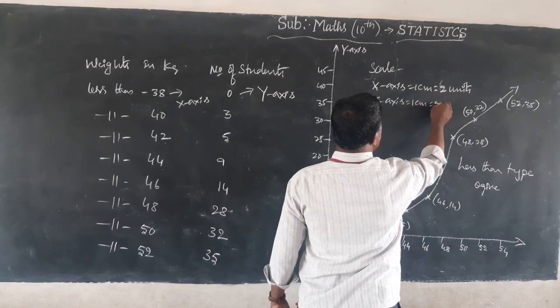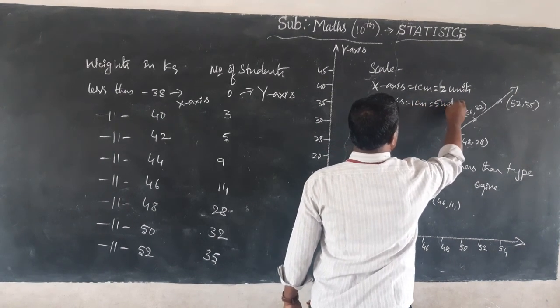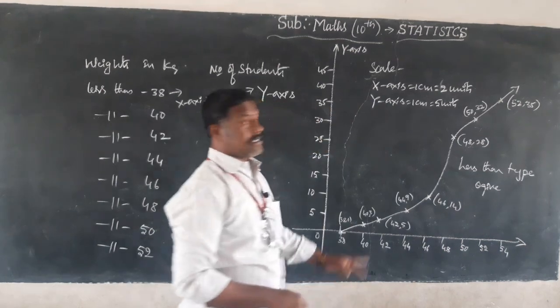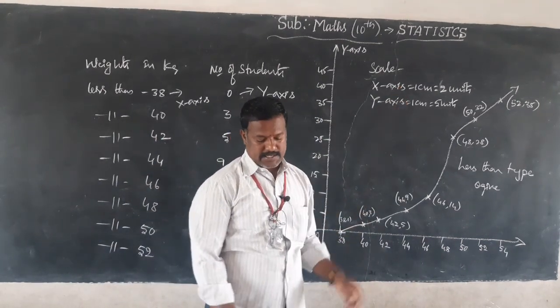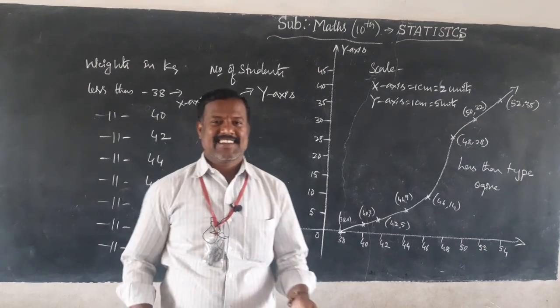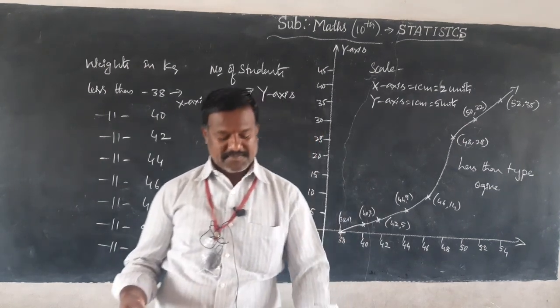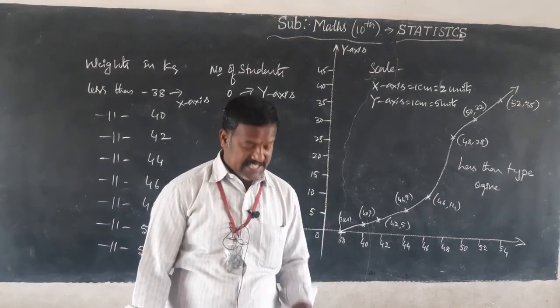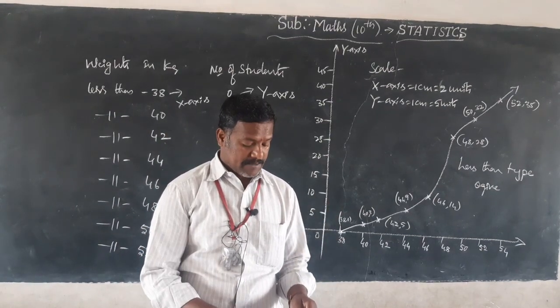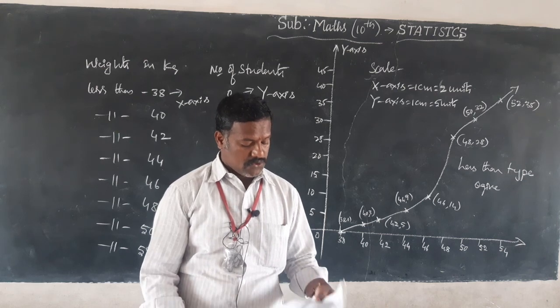Y-axis 1 centimeter is equals to 5 units. Scale is very important. I told you, without scale, you will get 1 mark reduction. Understand, children? See, this is the way we are going to present the graphs. That means less than type Vaju graphs.